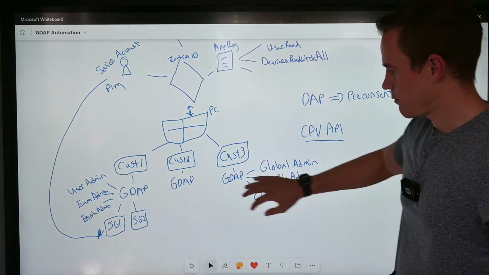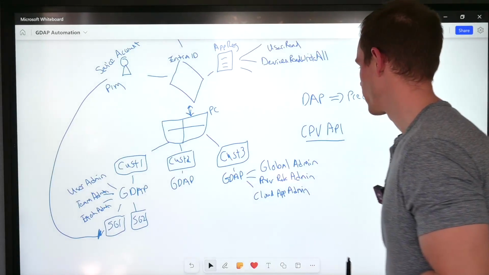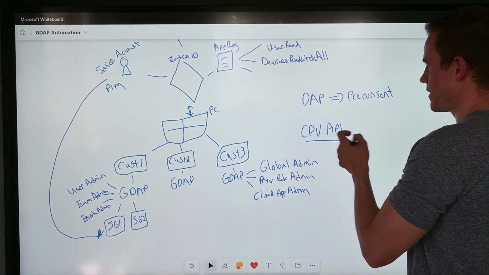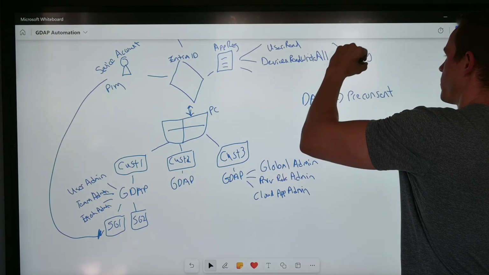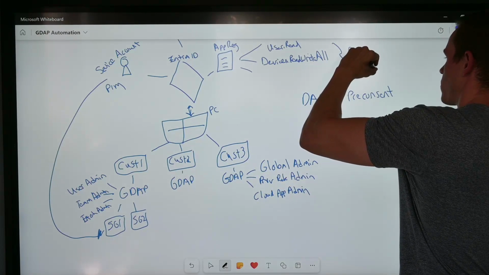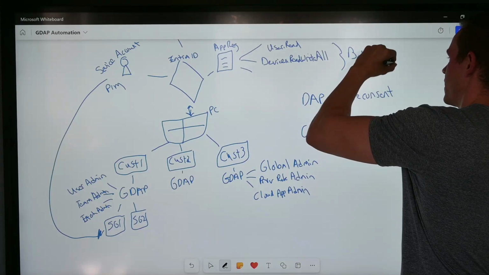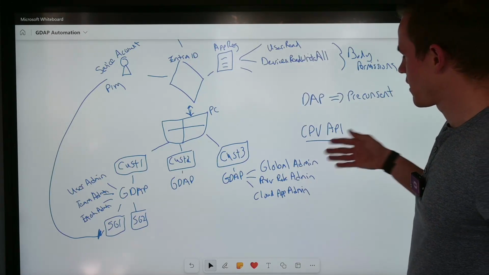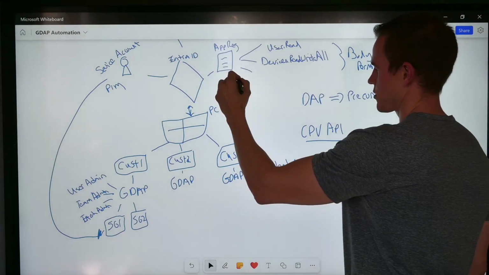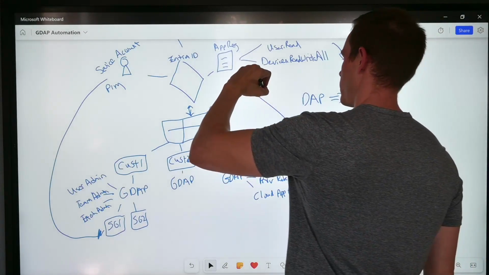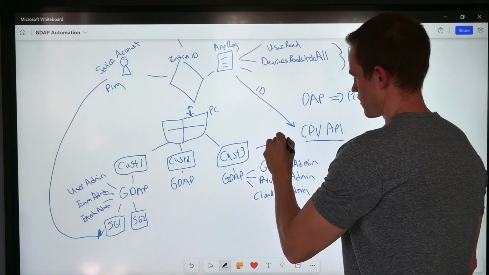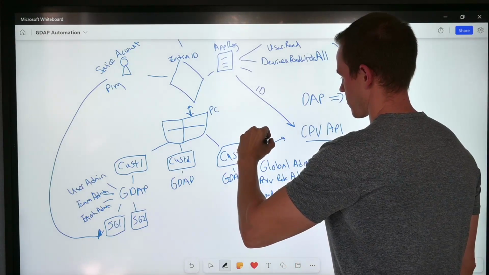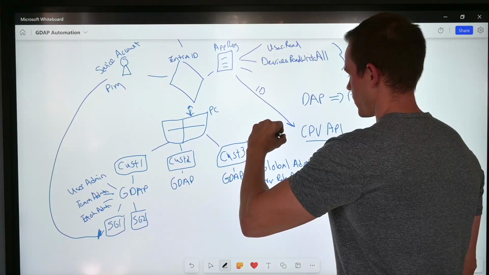But when we have these and we have them associated to the security group, we can then make the CPV request, which sends over this body of permissions that we're requesting in our customer tenant. And we go ahead and run this against the app registration. So we give it the ID of the app registration, and then we also give it the tenant ID of our customer in the API call with this request.